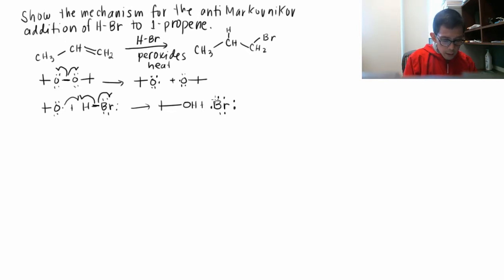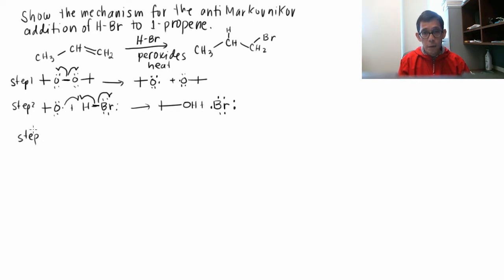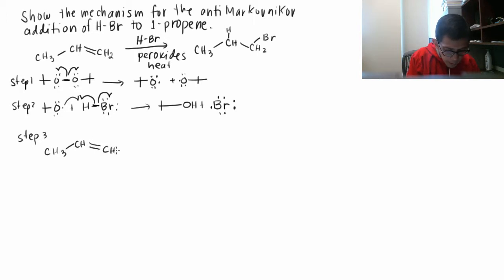So this is step 1, this is step 2, and step 3 is where the alkene reacts with the bromine radical. So we have the alkene, CH3CH=CH2, plus the bromine radical produced in step 2.